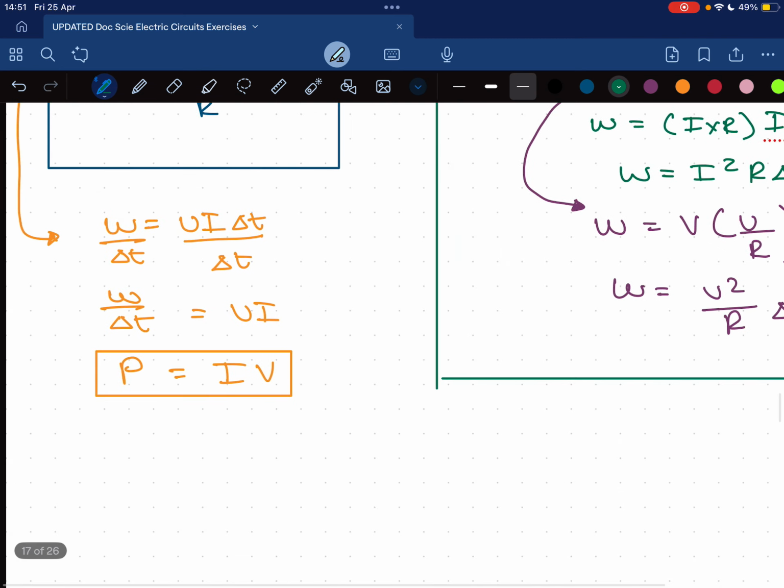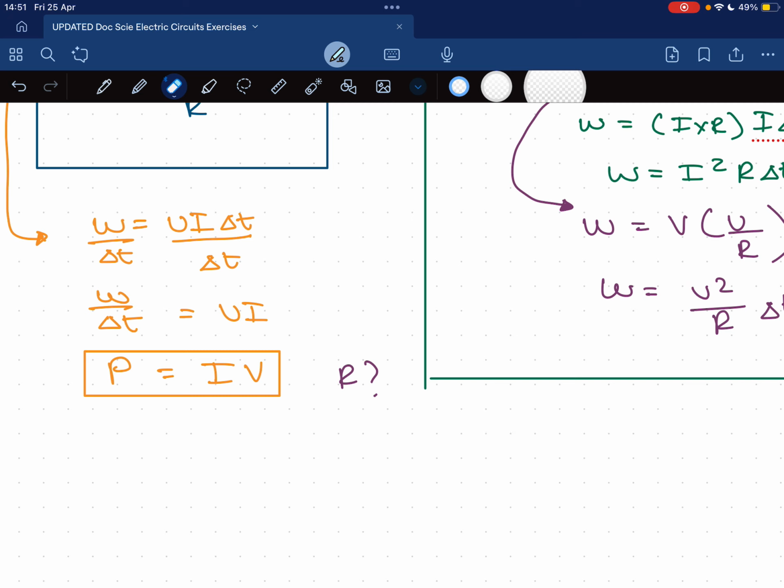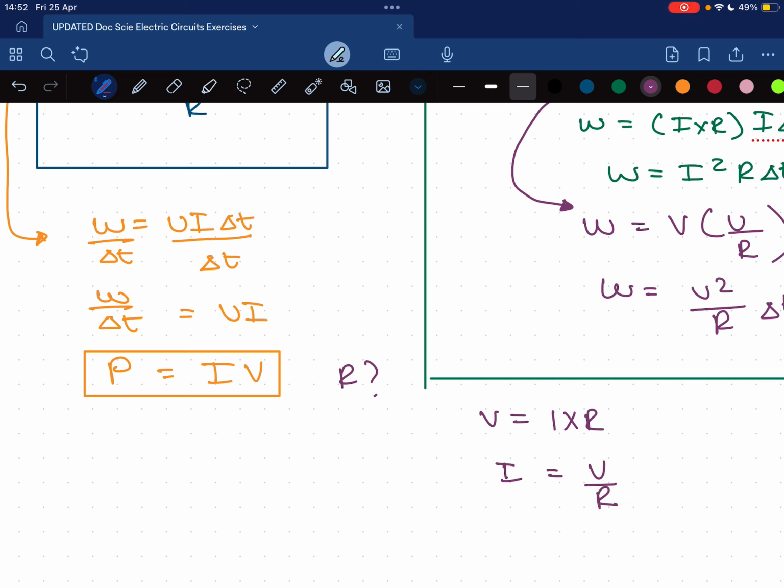Okay, and then furthermore, using Ohm's law, we can also continue to add on to this with resistance, because now we can say, okay, how would resistance relate here? So let's do it in terms of V and I. V would equal I times R, and I would equal V over R. So I could take these two and put them into the power formula.